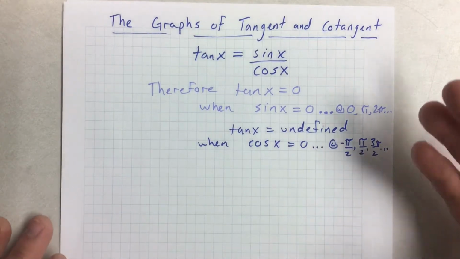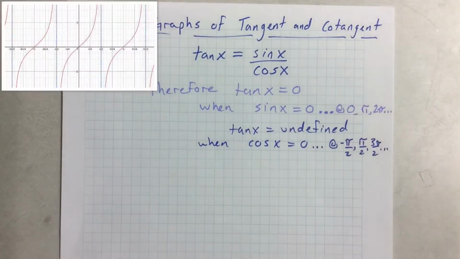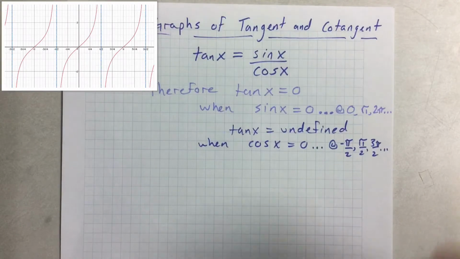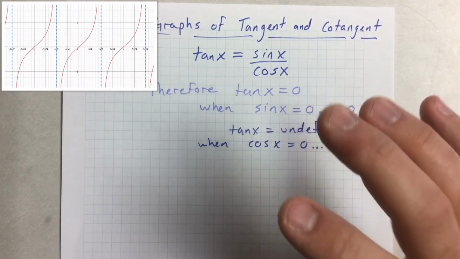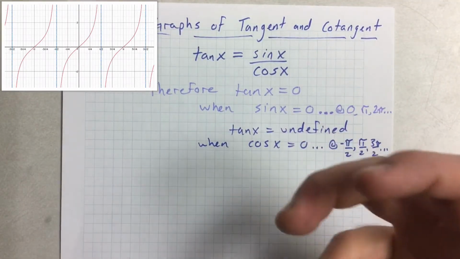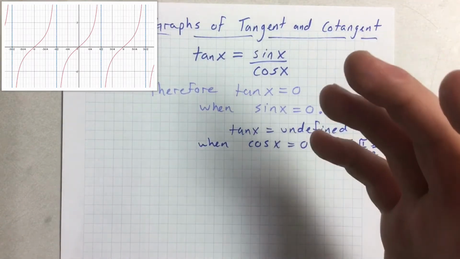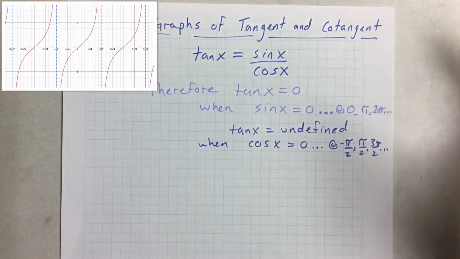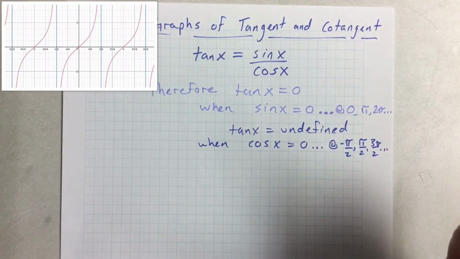So I have on the screen right here just the basic graph of tangent of x. And you can see how it appears differently than the sine, cosine, and their reciprocals, where they would oscillate. Tangent doesn't oscillate. It has one form, and we're seeing that one form repeated within certain intervals.